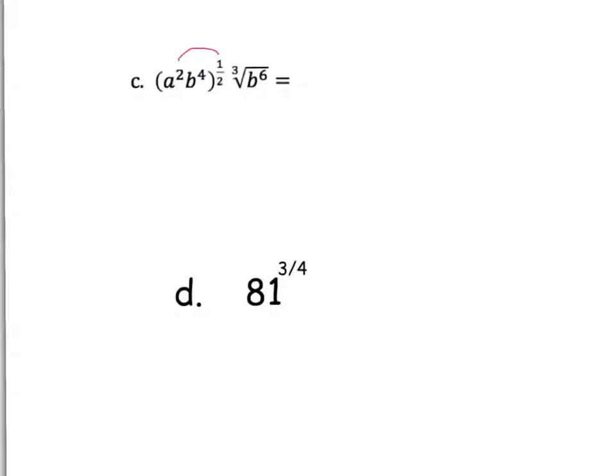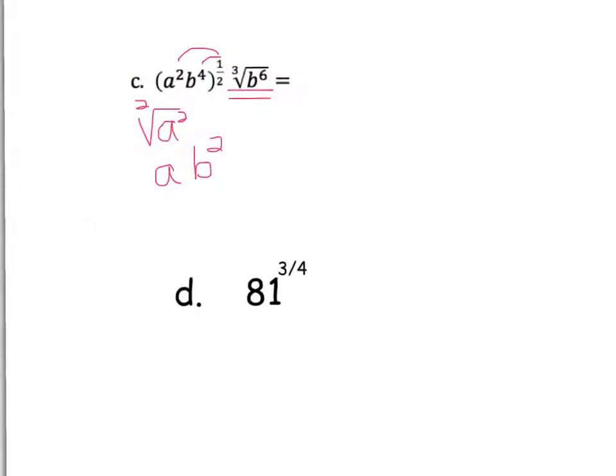So a squared to the 1/2, we could actually rewrite that just to remind you. A squared, squared, that 1/2 means that 2 is right there. So that's a. Or we could think of it as raising a power to a power, so we multiply 1/2 of 4 is 2.